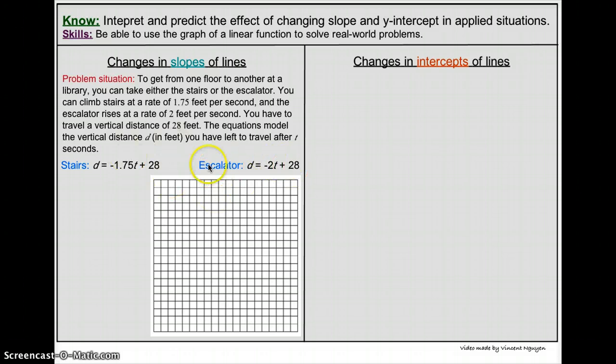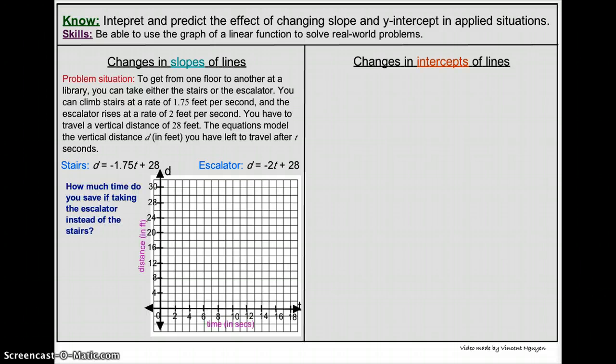The first thing I'm going to do with these two equations, in order to interpret the slope and how changing it affects my problem, is graph these two lines. When I graph these lines, I don't want to pay attention to the negative values, because we're talking about distance and time, so we have positive values. I'm just going to use the first quadrant of my graph.